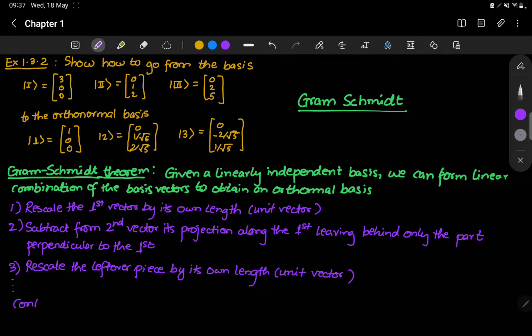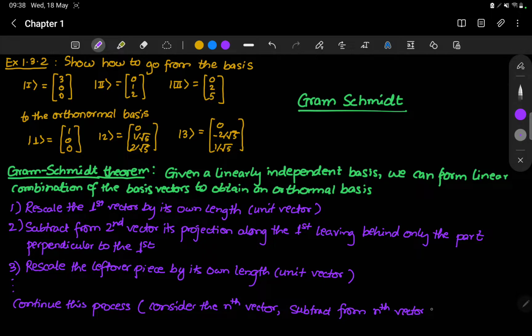So what does that mean? Say consider the nth vector, then subtract from the nth vector its projections along all the previous n-1 vectors.